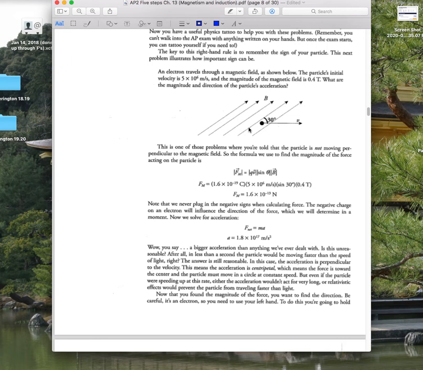But if I'm holding my hand flat, I can't point my fingers up and to the right easily. I'm going to just point them up because that's the component that's perpendicular. So this tells me that the force on the electron is into this page. Now, it's not going to be as much into the page as if the magnetic field were going straight up. This is a way to determine that amount. I don't think you're going to have to calculate that, but you might need to explain what happens to the force on a charge if it ends up doing something that's not perpendicular.